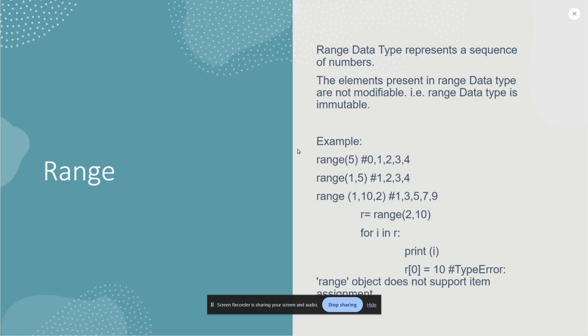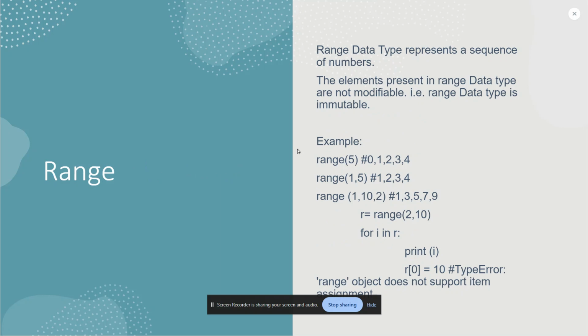The range is another powerful data type. It generates a sequence of numbers starting from a start value. You can also give the end, and in range the end is never taken into consideration.